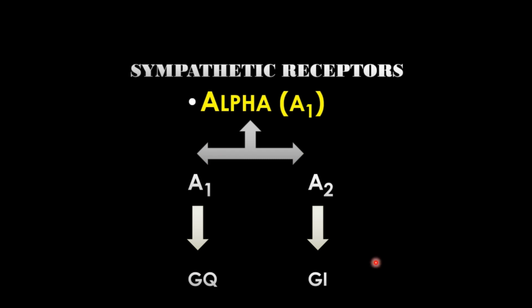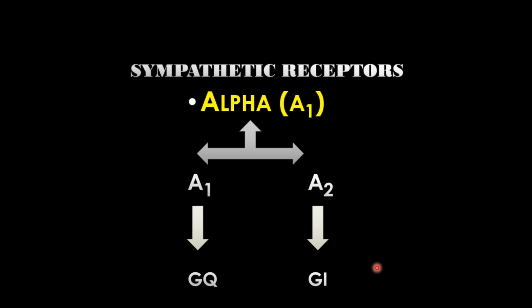Alpha 2 is linked with Gi. It means both these receptors are G protein coupled receptors, so they are serpentine type receptors. They have 7 transmembrane helices. They are attached with the G protein, and alpha 1 is linked with Gq, and alpha 2 with Gi.